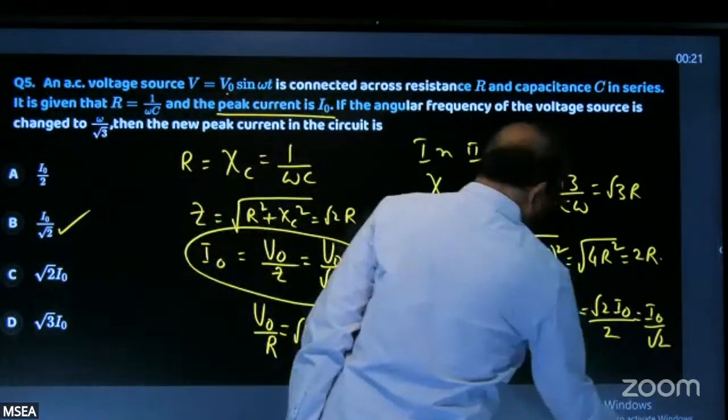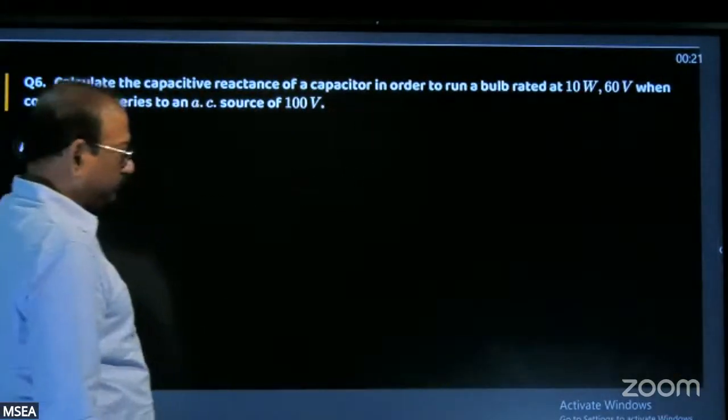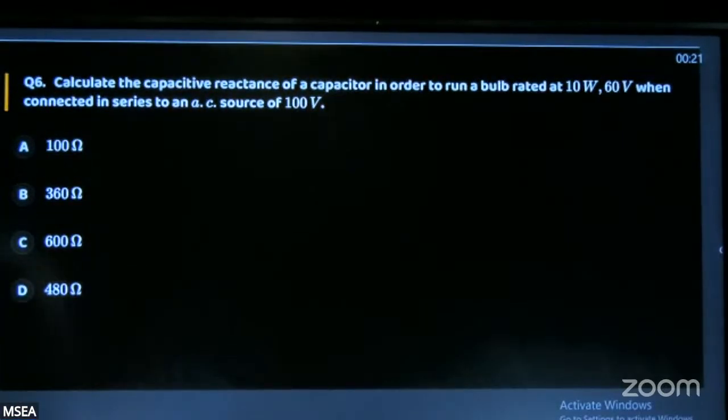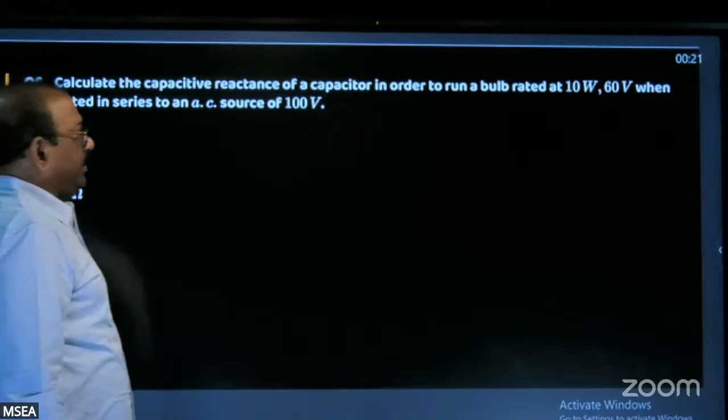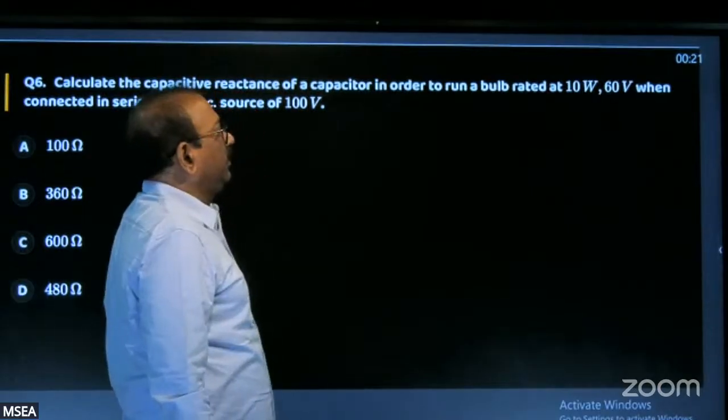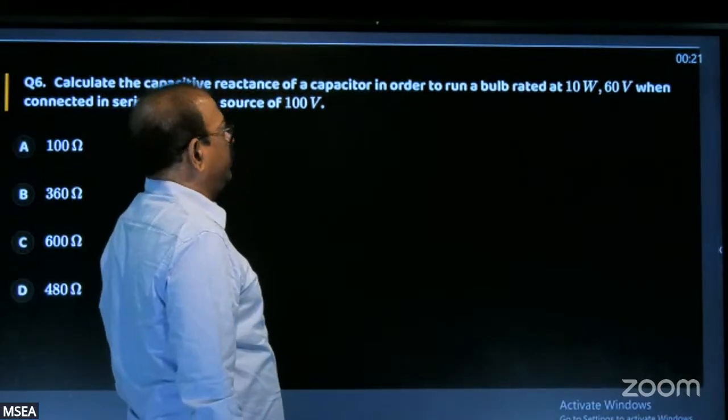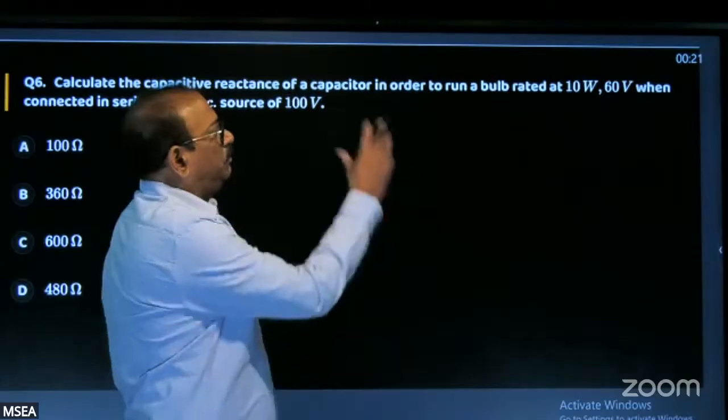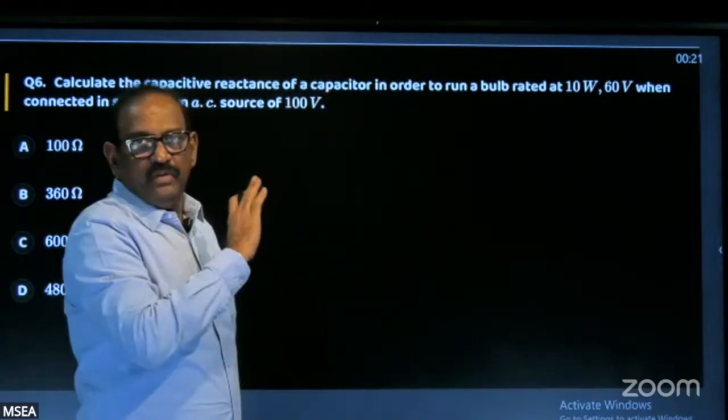Moving into the next problem. Calculate the capacitor reactance of a capacitor in order to run a bulb rated at 10 watt 60 volt. Bulb. Okay, bulb.